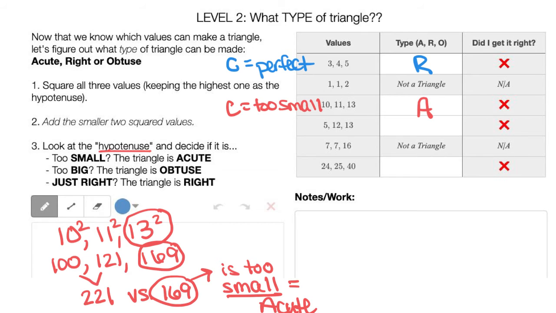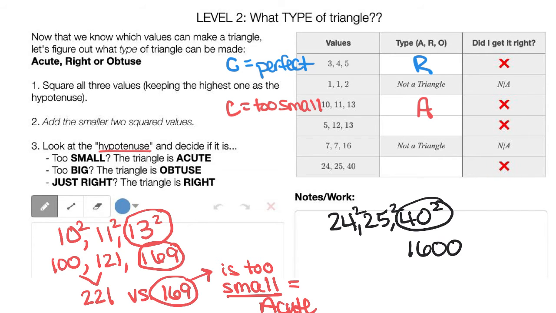Let's do one more. Let's look at the one down here at the bottom. The 24, 25, 40. Okay, we'll do our level 2. This is 1600. And then we have 576 and 625. Remember, keep C circled.